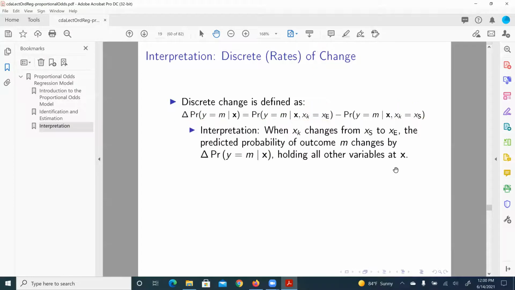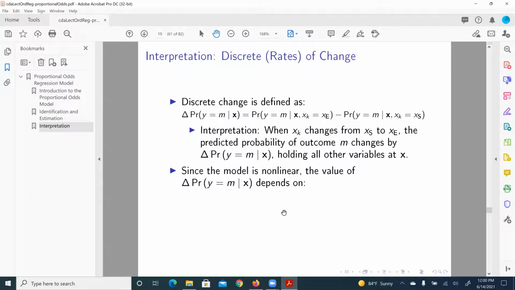We take a difference. The interpretation is when xk changes from the start value to the end value, the predicted probability of outcome m changes by that amount, holding all other variables at x. So all covariates should be held at fixed values. If we change the values of covariates, then the results are going to be different.